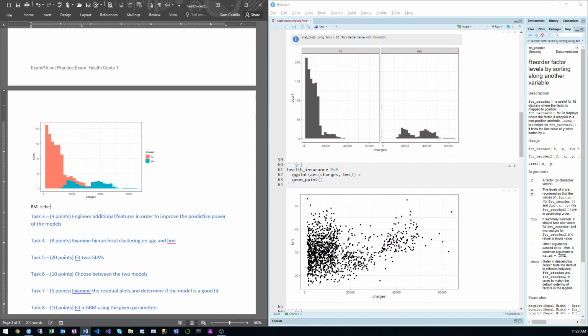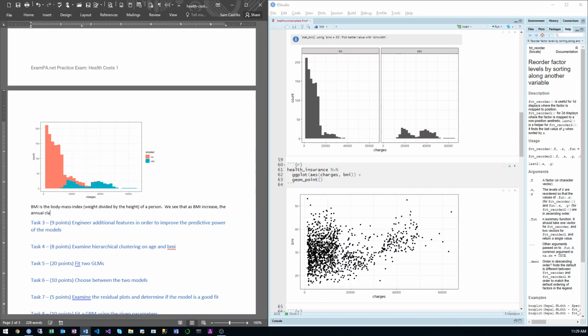BMI is the body mass index, which is the weight divided by the height of a person. We see that as BMI increases, the annual claims tend to increase as well.